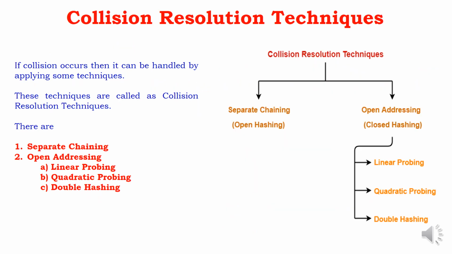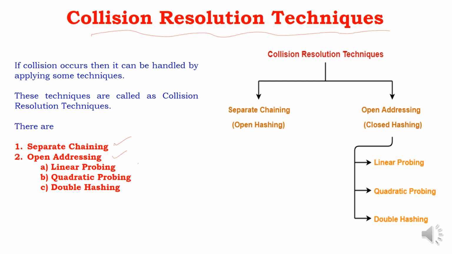Collision resolution techniques. If collision occurs, meaning if we get the same index for more than one value, which is nothing but collision, we can resolve this collision using collision resolution techniques. There are two techniques: separate chaining and open addressing.